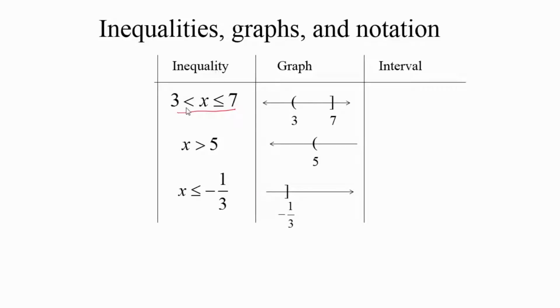Why parentheses? Because there is no equality here. And 7 is to the right, or larger than 3, so it will go to the right, and we put a bracket. Why bracket? Because there is equality. So we say the answer is between these two, including the 7. 7 is included.